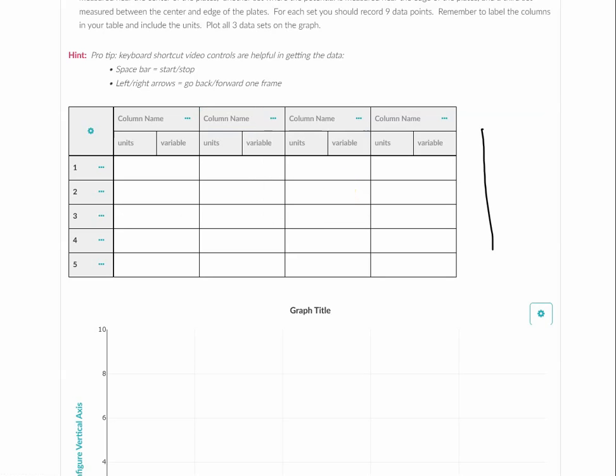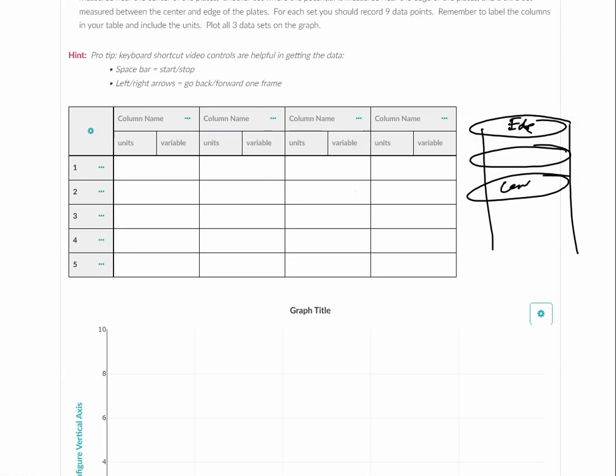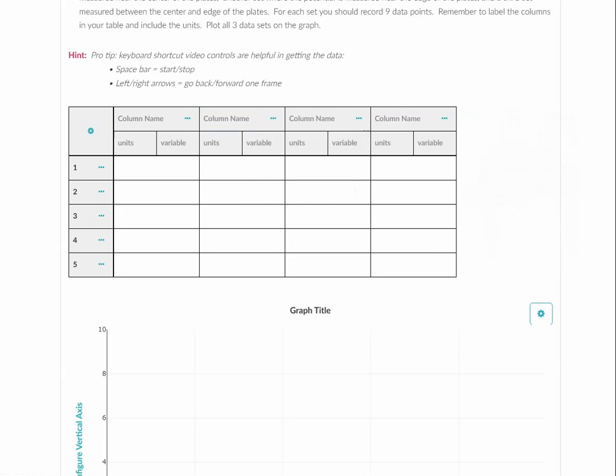If these are electrodes, first region, second region, third region, it's called edge, center, and one just in between. And of course you also need to use some kind of a distance.